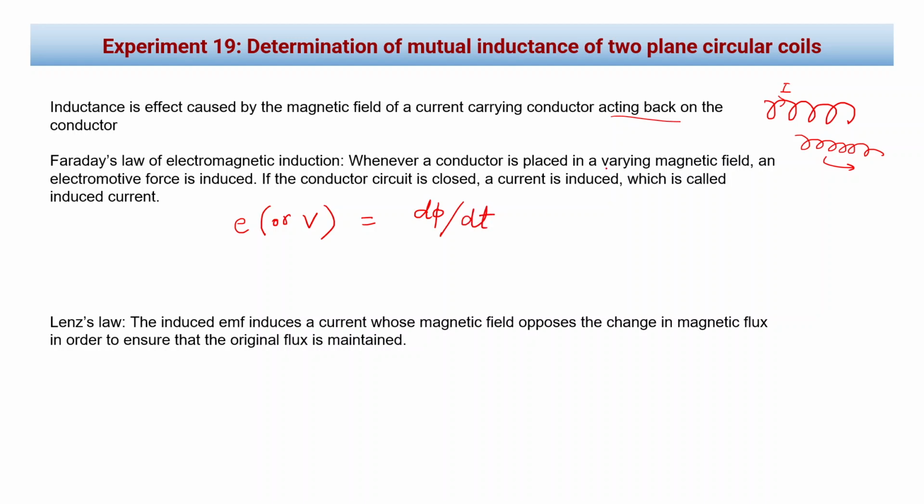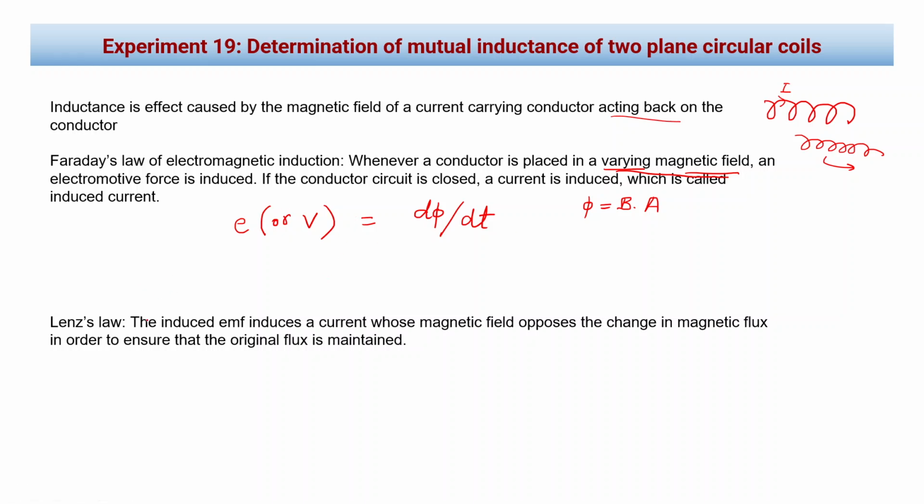Magnetic flux is the magnetic field times the perpendicular area. When the magnetic field or the flux related to that area changes, we get an EMF in the circuit. This is what the law says.